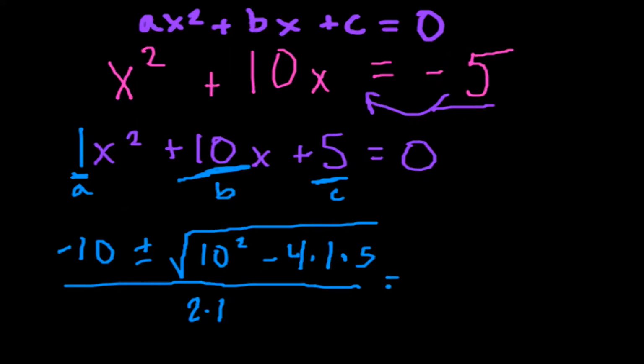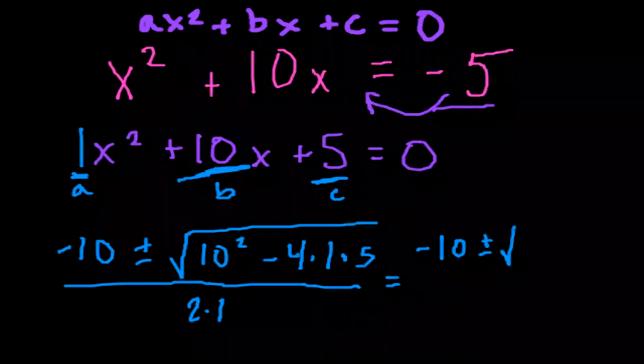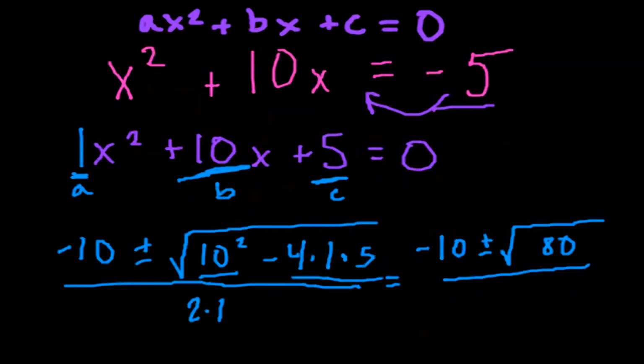And if I simplify this down, I get the solution negative 10 plus or minus the square root of 100 minus 20, right? So 10 squared is 100, 4 times 5 is 20, so 100 minus 20, that happens to be 80, all over 2.